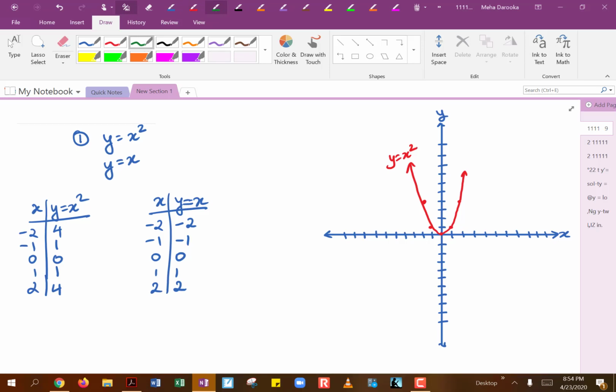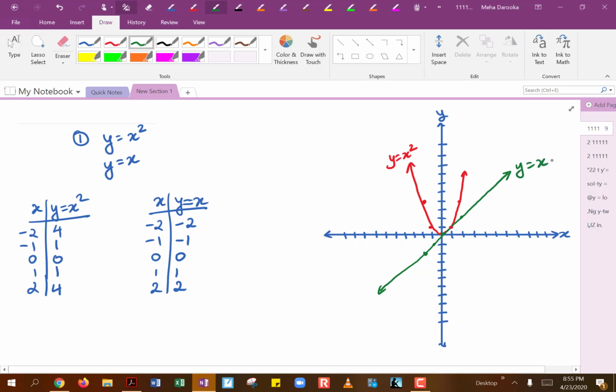And then when we graph y equals x, that's at -2, -2; -1, -1; 0, 0; 1, 1; and then 2, 2. So this graph will end up looking something like this.